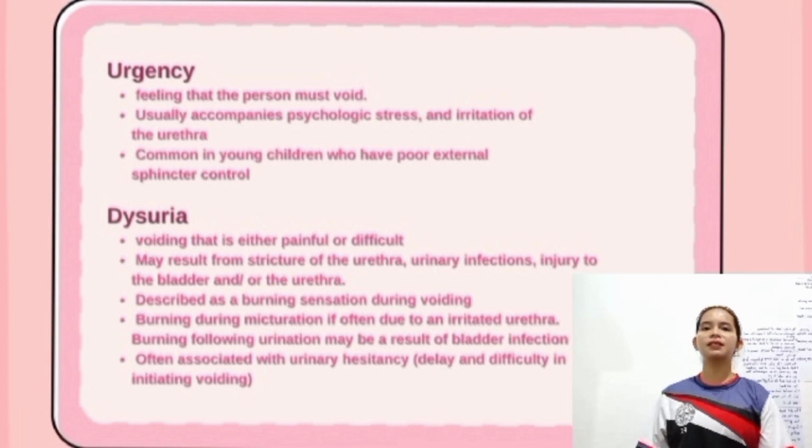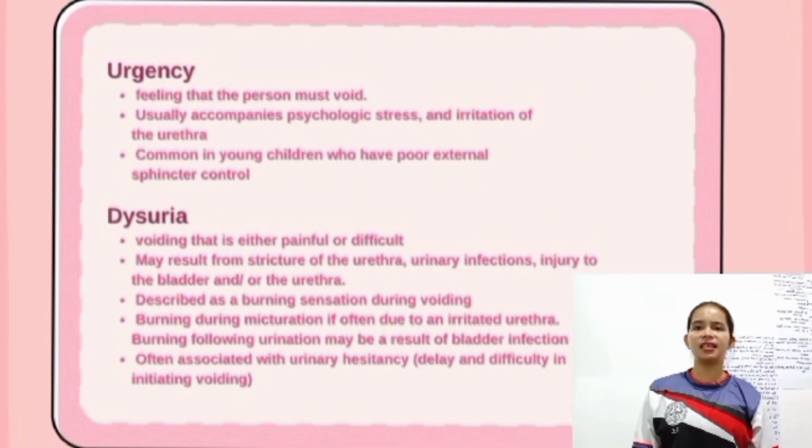Result from stricture of the urethra, urinary infection, injury to the bladder and or the urethra. The sentence means that certain urinary problems such as difficulty or pain during urination can be caused by different conditions affecting the urinary system.